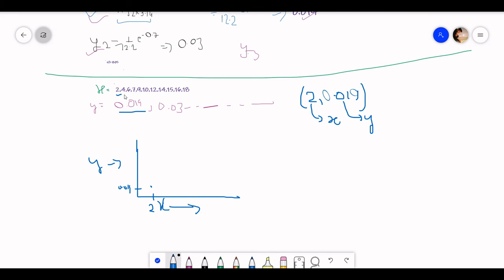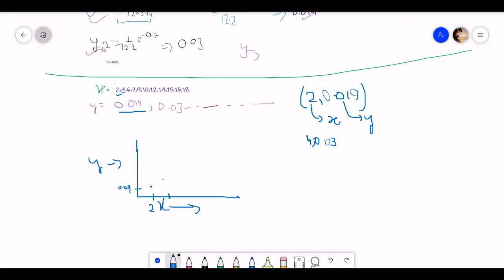After that, our next point is 4 and we have 0.03, so our next point will be something here. We have 4 over here and 0.03 will be over here.